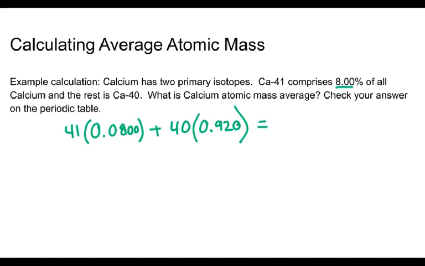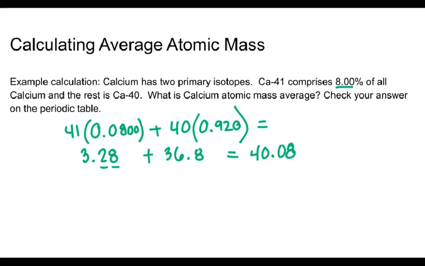So 41 times 0.08, I need 3 sig figs again because the 41 is a counting unit, so it doesn't count. So that's 3.28 with 3 sig figs, plus, and then I multiply those two together and get 36.8. Again, I need 3 sig figs. So now I'm going to add those two together, and in my calculator, I get 40.08.